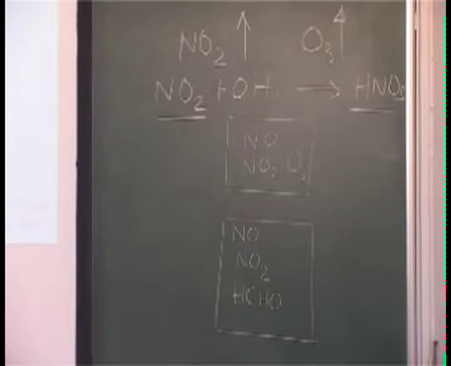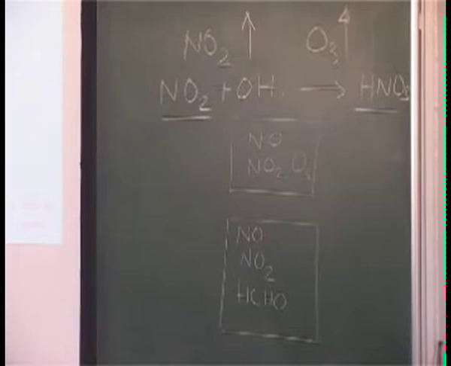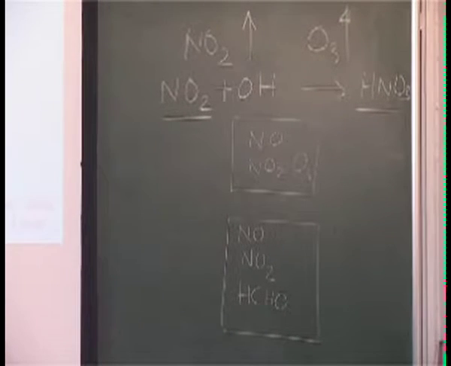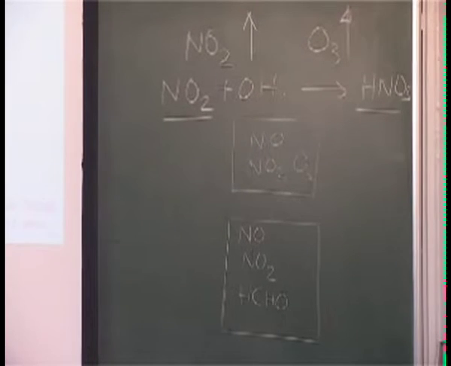And if the rate of removal of NO2 is faster, what will happen to my ozone concentration after some time? NO2 is being taken out. My formation of ozone will tend to stabilize, because every time I want to make more and more ozone, I should have more and more NO2, but unfortunately my NO2 is decreasing, right?